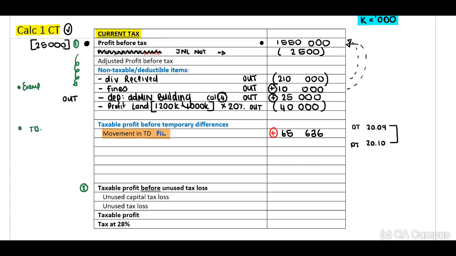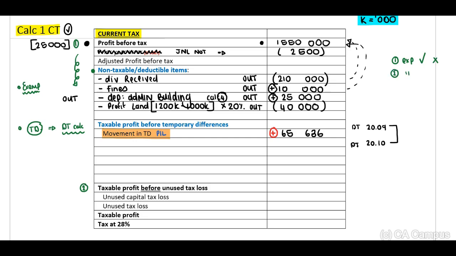Now, when I refer to exempt difference, guys, not really exempt as in the word exempt, but this will include your non-taxable deductible items. Your temporary differences, you will be able to trace back to your deferred tax calculation. Now, what do I mean with this? If you look at the reconciling items, now remember, we've indicated that our reconciling items will be one, other expenses allowed for accounting, not for tax.